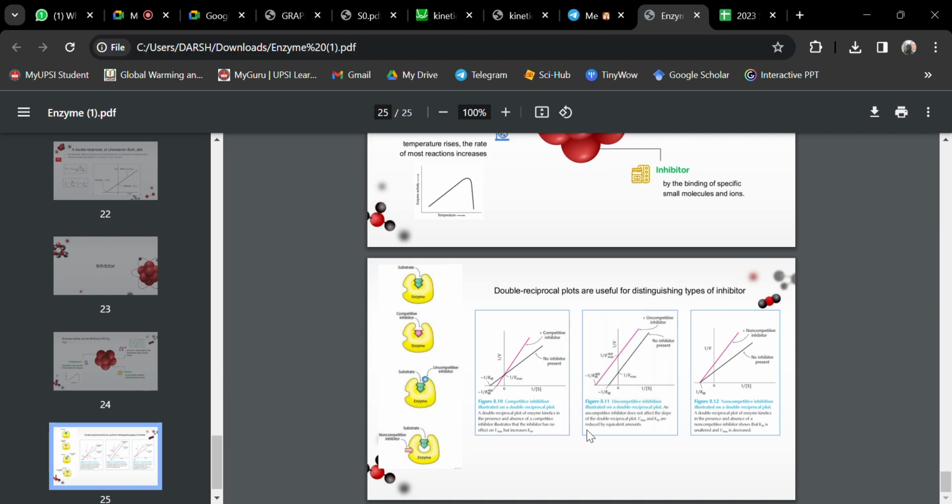For yang competitive tu, you compete with the same substrate. The second one tu yang in the middle tu, dia tak compete for the substrate, dia tak kisah pun. But dia boleh bind to other part of the enzyme and make the enzyme active site tu tidak compatible for the substrate.